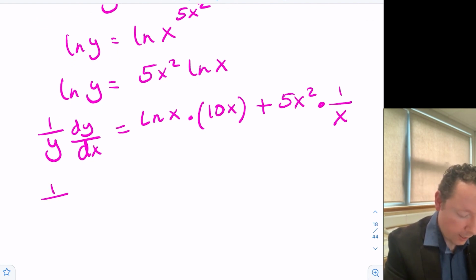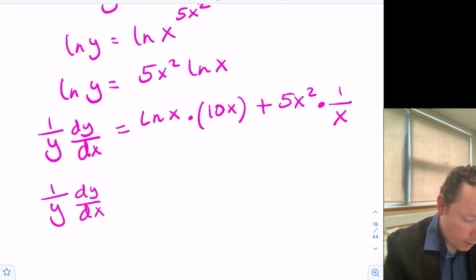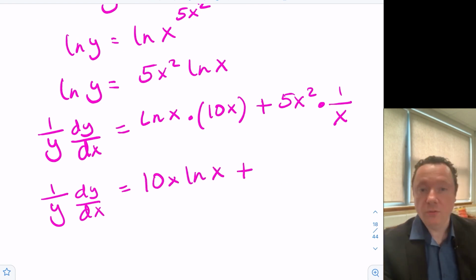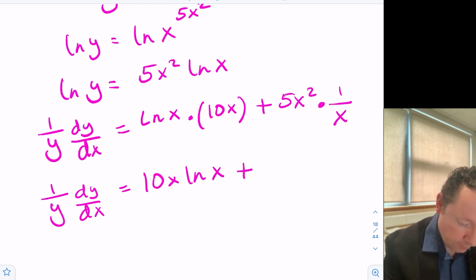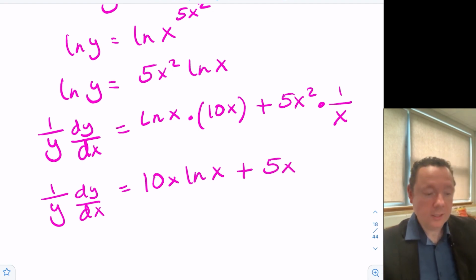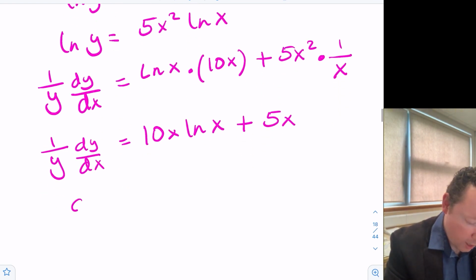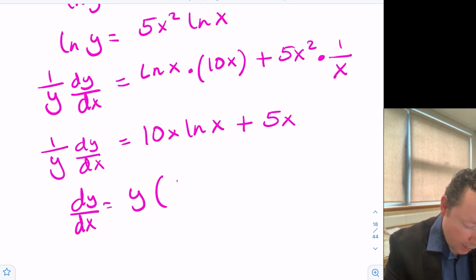So 1 over y, dy by dx is equal to 10x log x, just to make that neater, plus 5x squared over x is just 5x. Now we can times through by y. So that means that dy by dx is equal to y times 10x log x plus 5x.